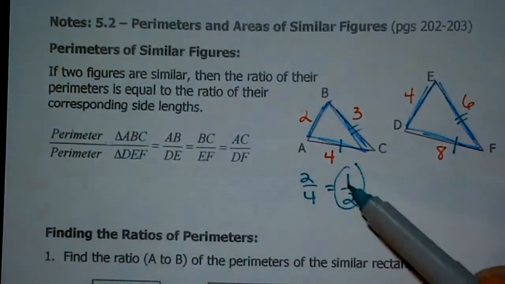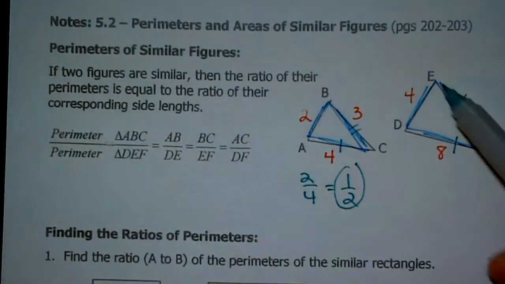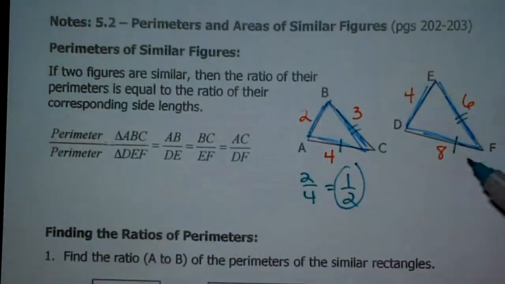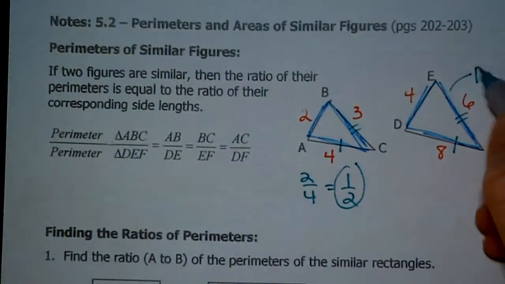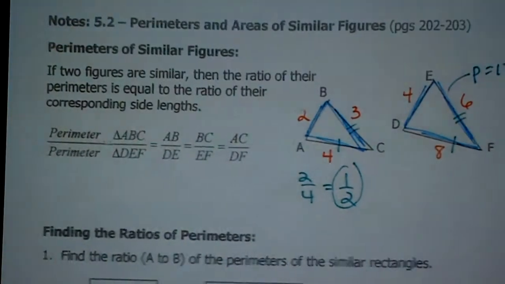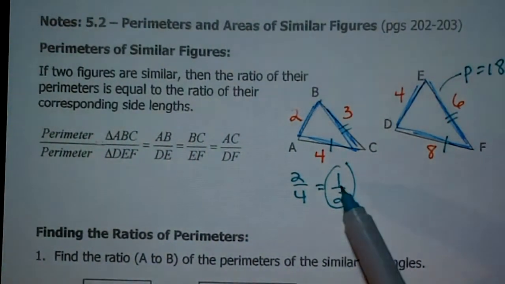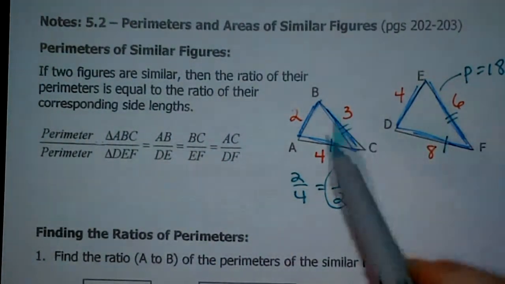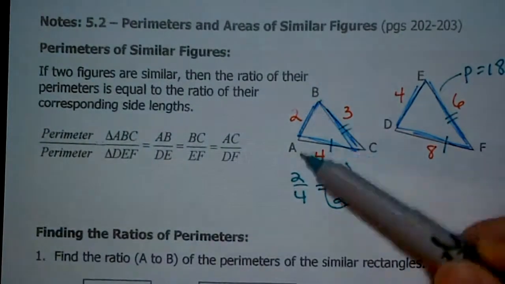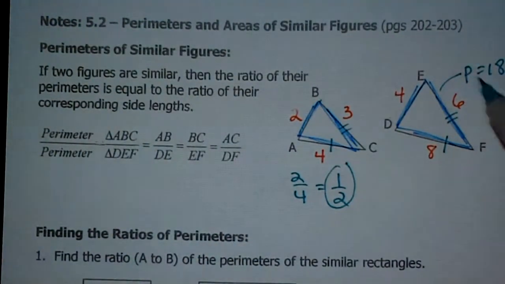Now what does that mean? Well, take a look at triangle DEF. The perimeter of triangle DEF is 4 plus 6 is 10, and 10 plus 8 is 18, right? So the perimeter of this is 18. If the ratio of their perimeters is 1/2 or 1 to 2, that means that the perimeter of ABC is 1/2 of the perimeter of DEF.